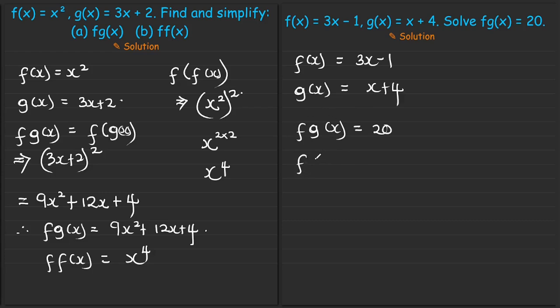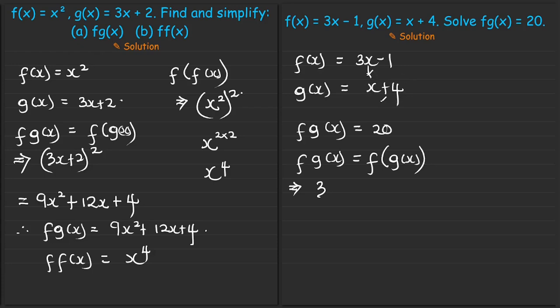So the first thing we need to do is to evaluate or find a general expression for this. That is to say, f of g of x we know is equal to f of g of x. So anywhere we see the function of x, we'll substitute it with the function of g. So instead of 3 times x, this x now is going to be substituted with all of this.